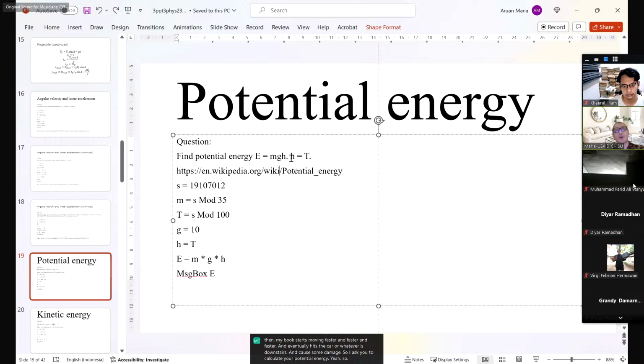Your height is equal to your T number, for example 12 meters in my case. And m is your mass, your student number mod 35, for example, let's say 27 kilograms. Pretty massive. For the student number, T is 12, so the height is T, and g is 10.